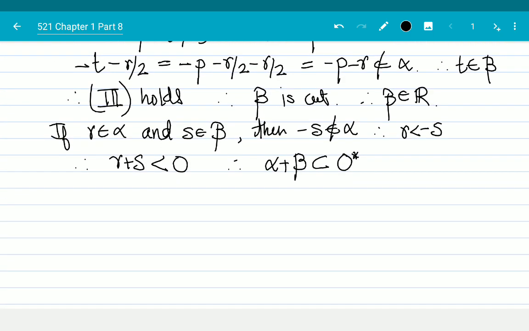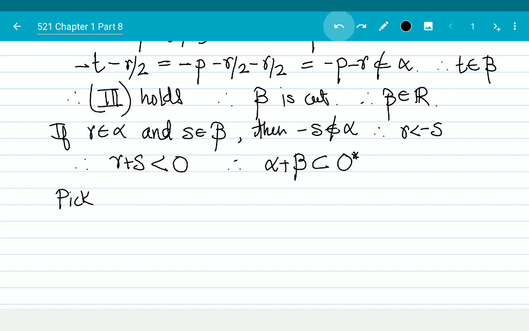We want to show it is an equality. We have shown one way inclusion, we want to show the other way. So to show the other way, pick V belonging to 0 star.